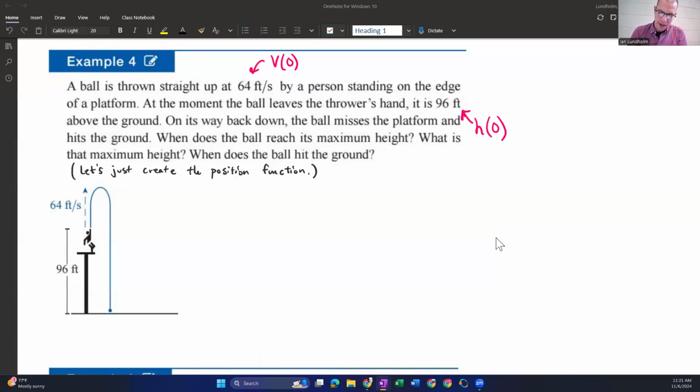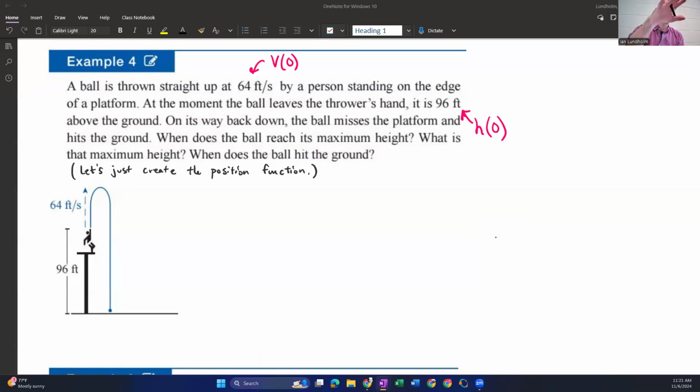Okay. So yeah, we know a particular value of the velocity function. We know a particular value on the height function, but we don't have any position function to work with right now. The other thing that we know is that the acceleration is a constant thing because we're doing just free fall type motion.